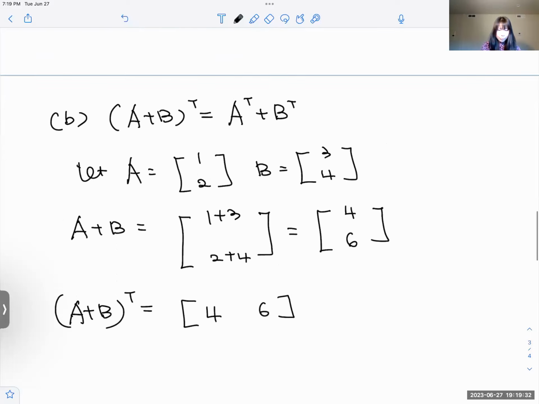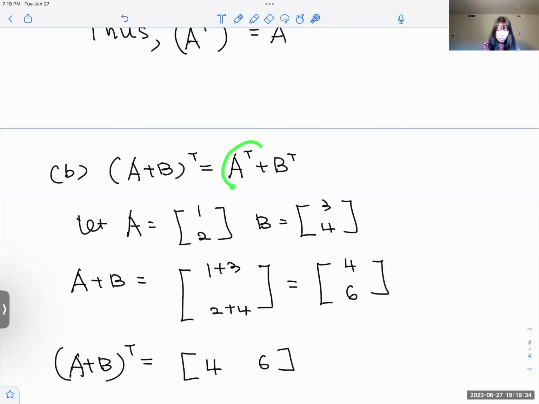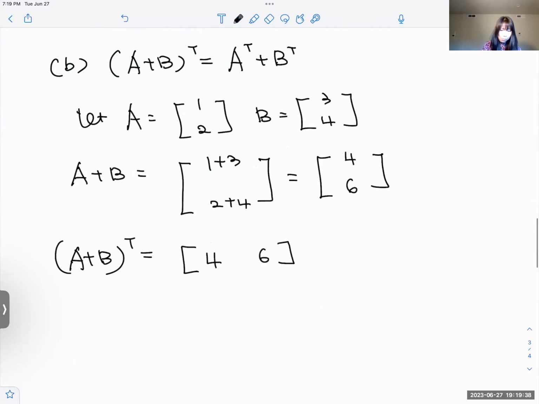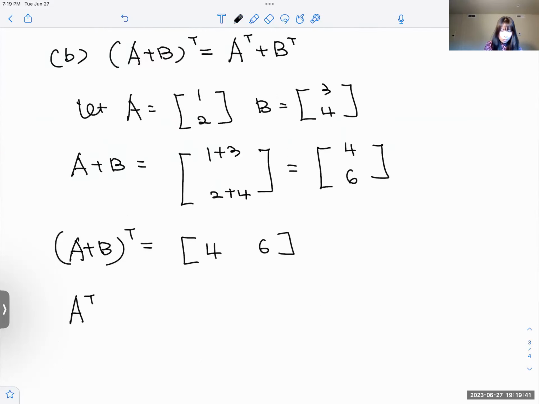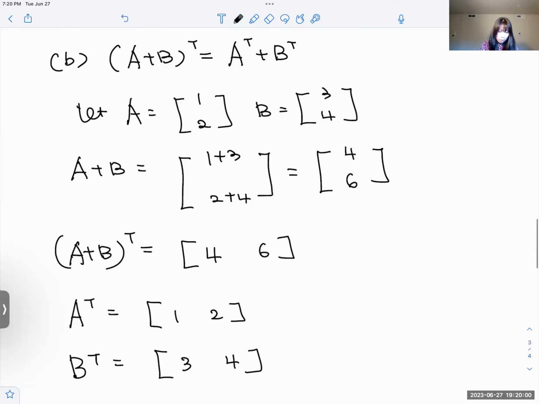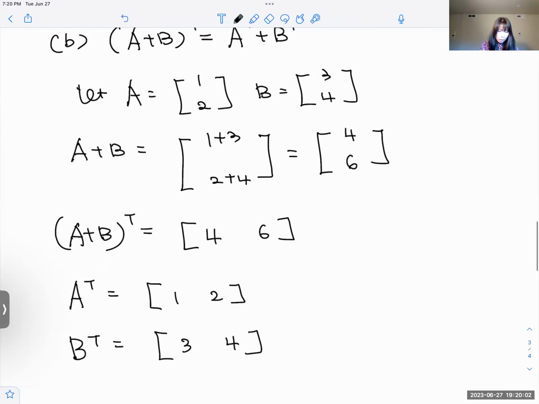Okay, now the transpose of A is 1, 2 as a row, and the transpose of B is 3, 4. Now can we add them?